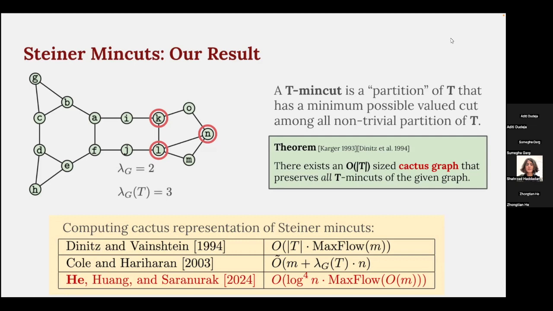Here you're assuming something like M is more than T, right? Because you'll need at least T time to write down the whole thing. Sorry? So this bound is independent of T. Because T is a subset of vertices. Yeah, so M is more than N. We can assume the graph is connected.